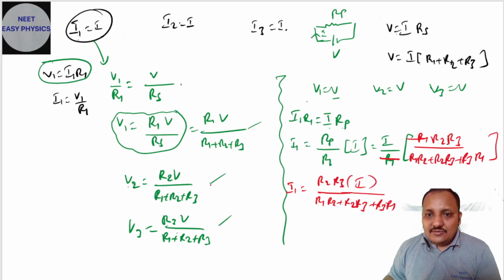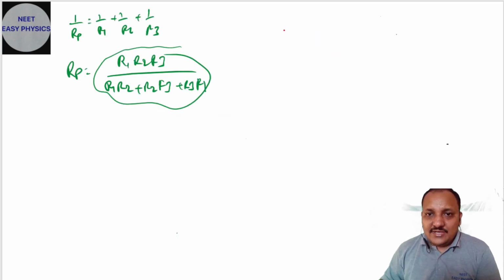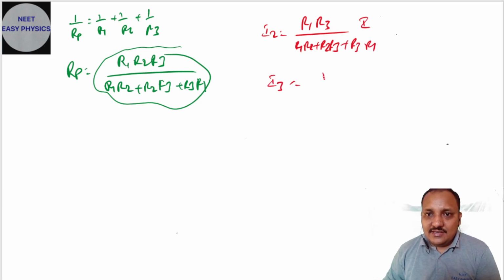Correct? So again with our common sense, whenever I1 we got here, R1 did not come. Whenever V1 is there, R1 only is there. Now say, what is I2? I2 is R1 R3 by R1 R2 plus R2 R3 plus R3 R1 into I. Now what is I3?